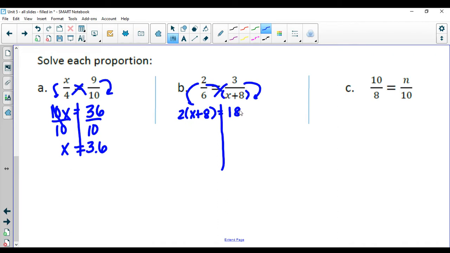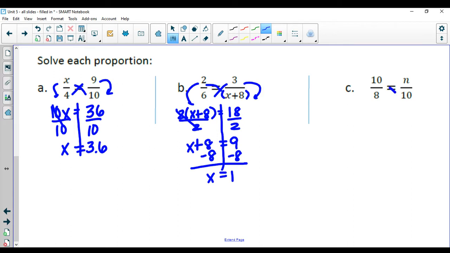Because the 2 is just plain on this side, I could divide by 2 on both sides and then take care of the x plus 8, or I could distribute the 2. Just for the argument, let's divide by 2 on both sides, which cancels that out, leaving me with x plus 8 equals 9. Subtracting away the 8 on both sides, I'm left with x equals 1.